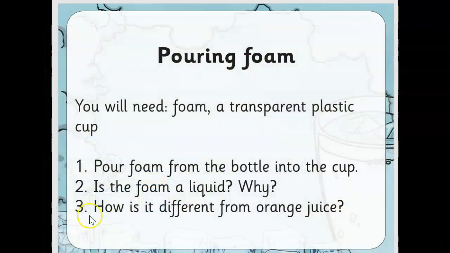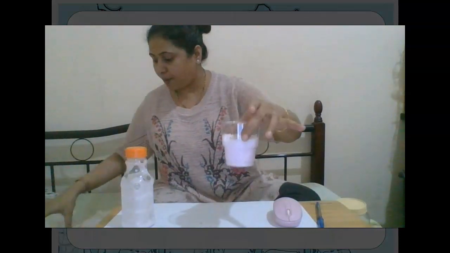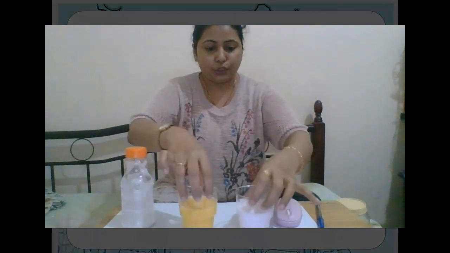So this was our experiment. Now let's look at the question. Is the foam a liquid? Why? Think. How is a foam different from our orange juice? You have to answer this question in your task.